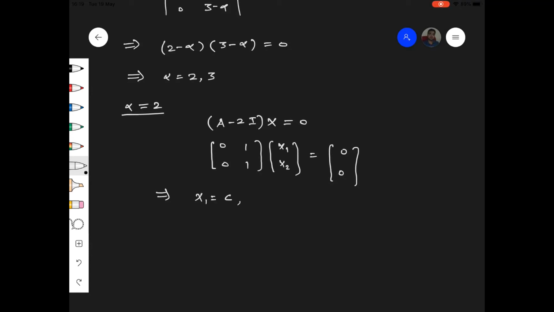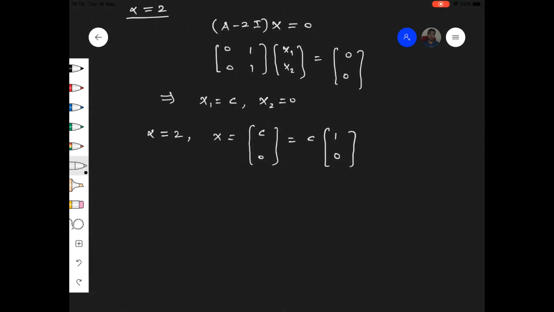It has x1 equal to c and x2 equal to 0. So we got our eigenvector with respect to the eigenvalue 2, which is x equals (c, 0), and we can take c out of it and see a particular eigenvector for this eigenvalue 2. Any scalar multiple of (1, 0) is going to be an eigenvector of this matrix.